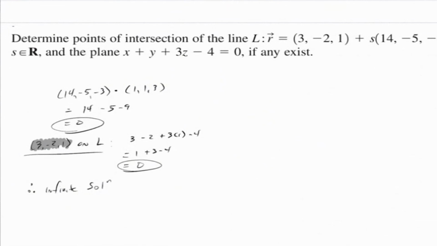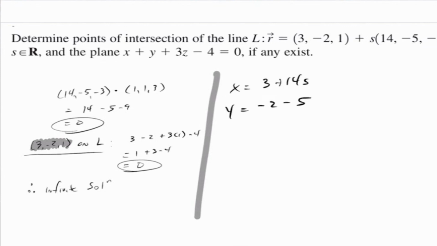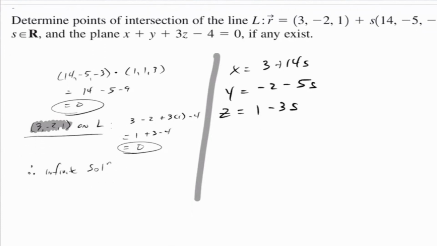So that's one method. Another method here, just to show you guys, is you could let x equal, putting this in parametric form, and then I'm going to sub this all in.